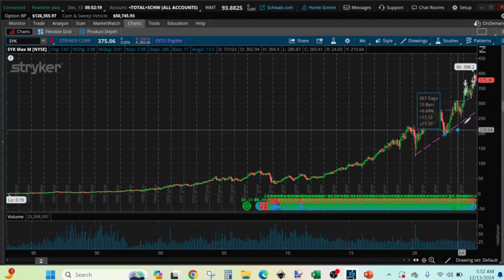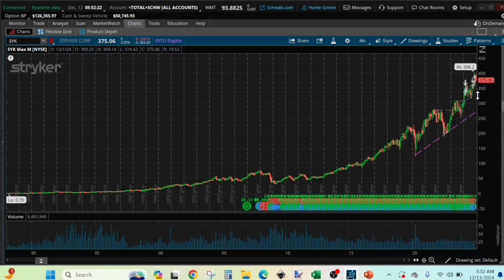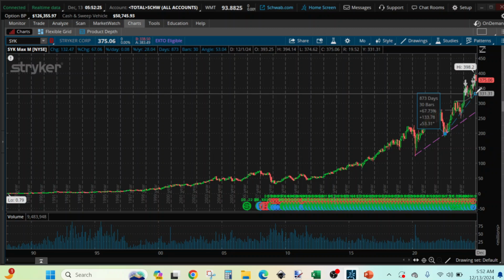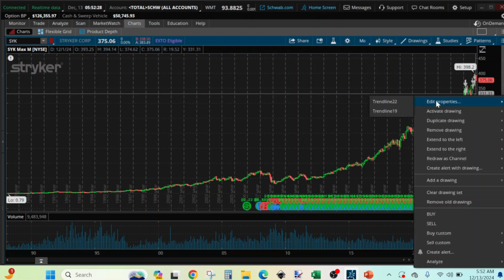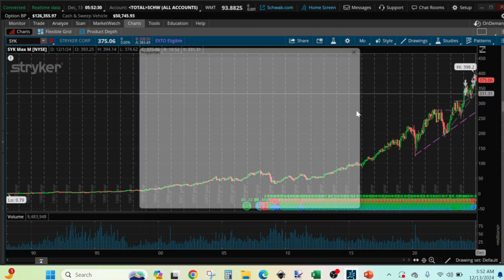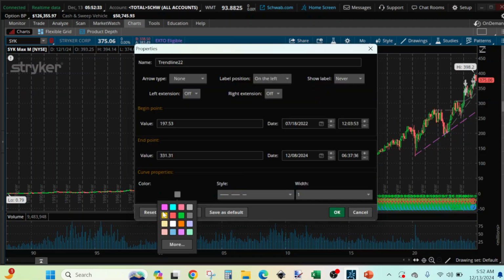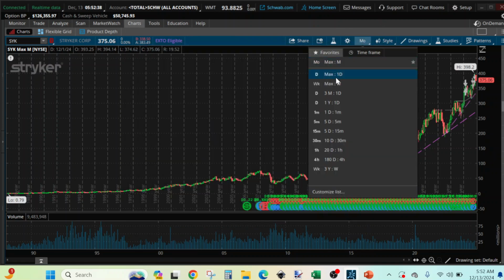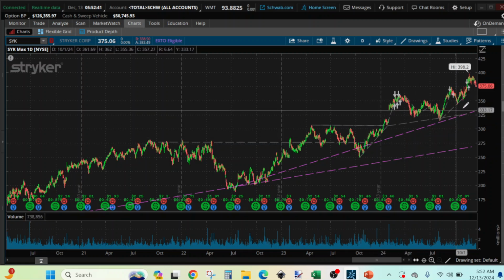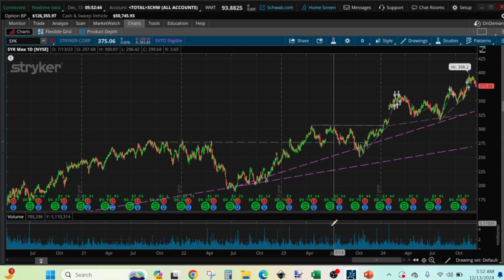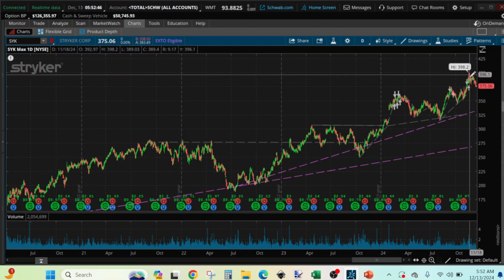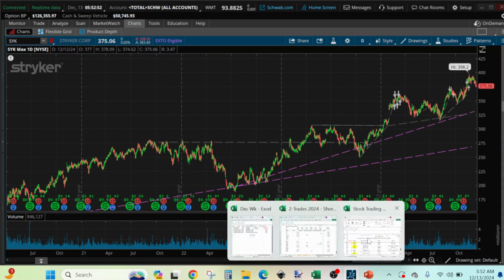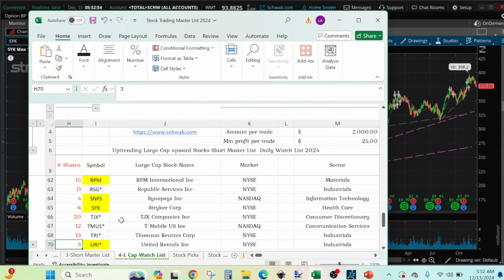We can try to trace another one from here. And we can go to daily chart, maximum daily chart, to see what we did. So this is the line you will buy it on. But we already purchased it relatively high. But yeah, that is the line we will be trading it on, or the bottom one. TJX.